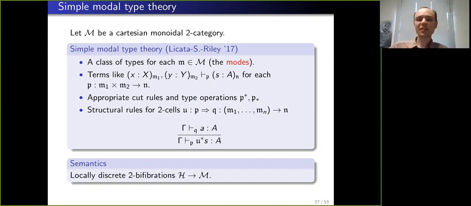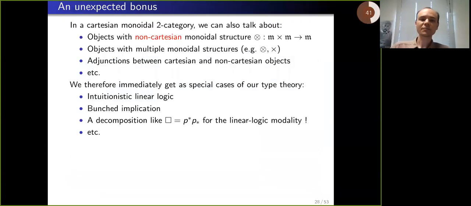And then for every morphism downstairs in M, we have a kind of heteromorphism judgment where the types in the context can have the modes that are specified by the domain of our parameterizing morphism downstairs. And then we have P upper stars and P lower stars for pushing forward and backward along these morphisms, and structural rules for two cells. And this has semantics in these two bifibrations in a Cartesian or a multi-categorical sense.